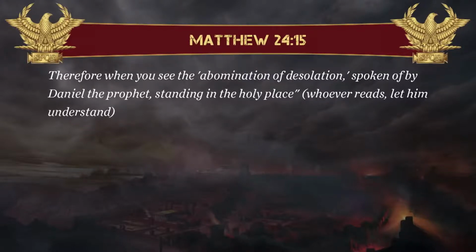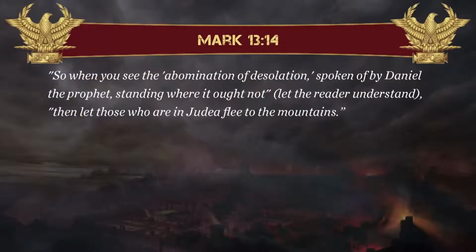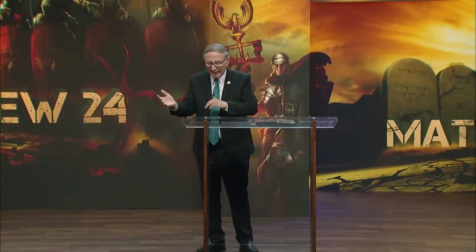Now, Mark phrases it a little different. Very similar, but just a detail which is different. Mark 13, verse 14 says, "So when you see the abomination of desolation spoken of by Daniel the prophet," and instead of saying standing in the holy place, it says standing where it ought not. So Matthew says standing in the holy place, and Mark says standing where it ought not.